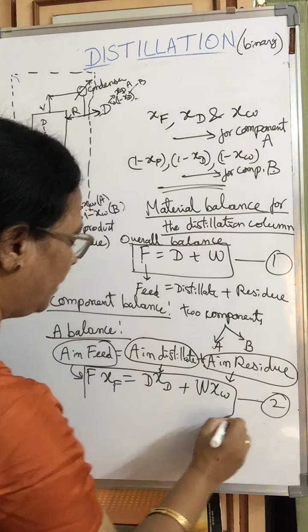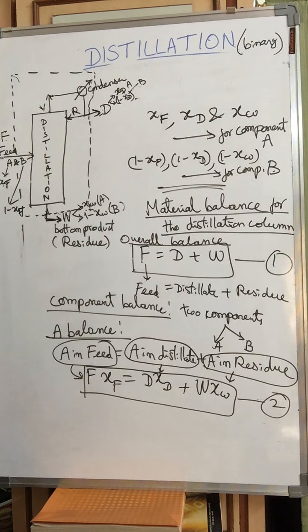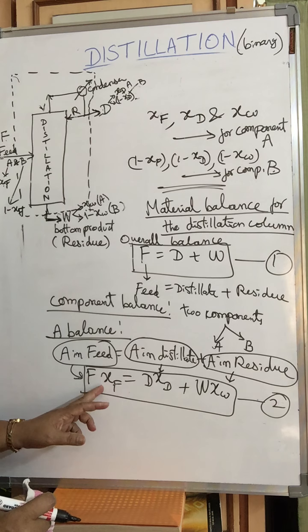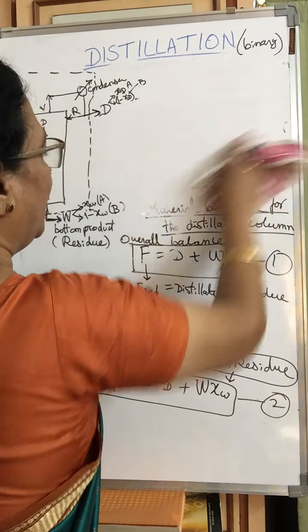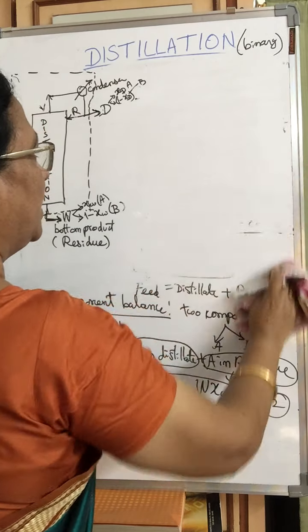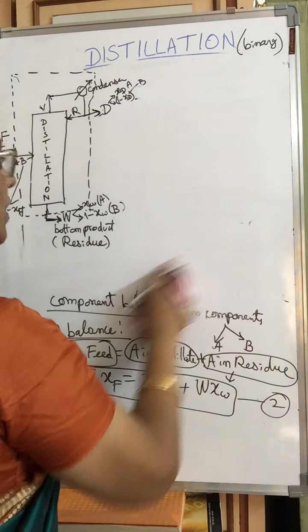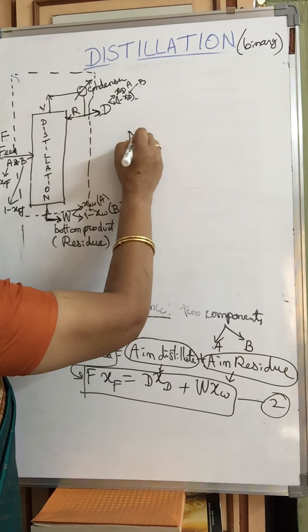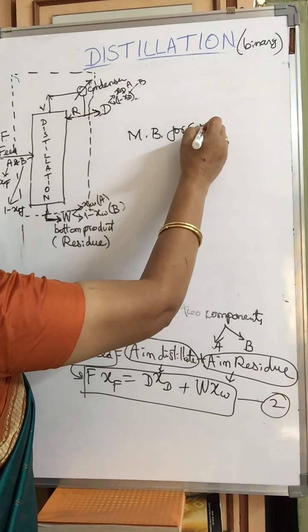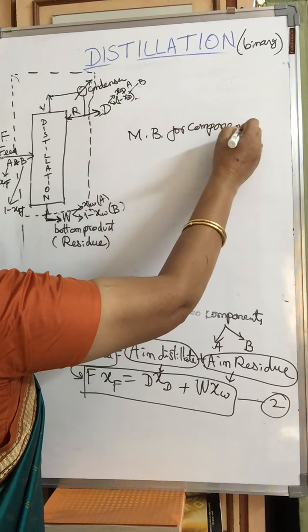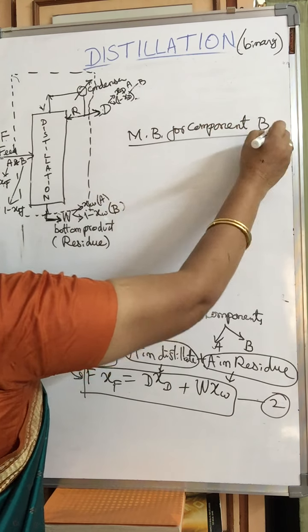Okay. Thus we wrote the material balance for component A. This is the material balance for component A. Then we shall write the material balance for component B. Material balance for component B is what?